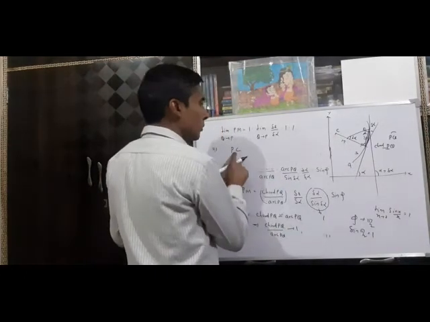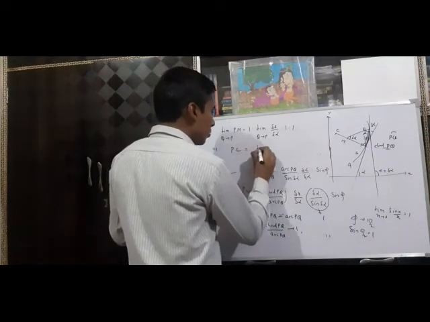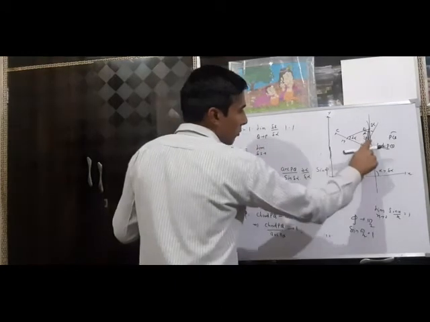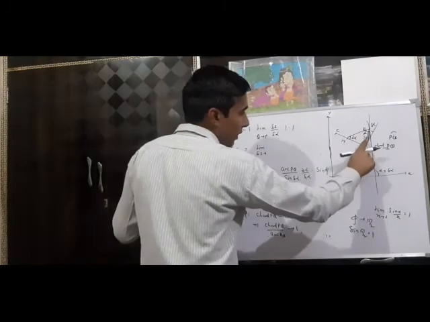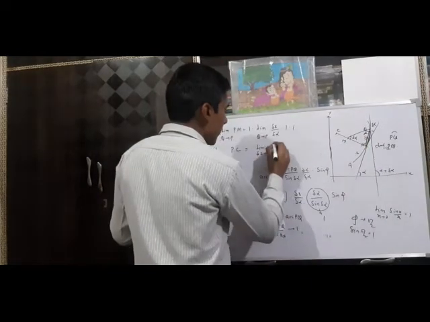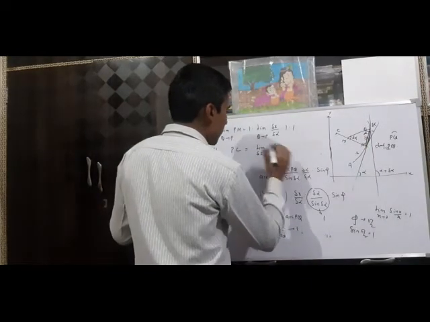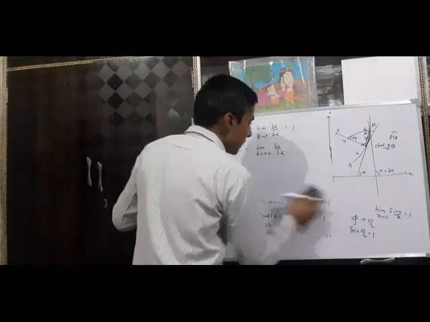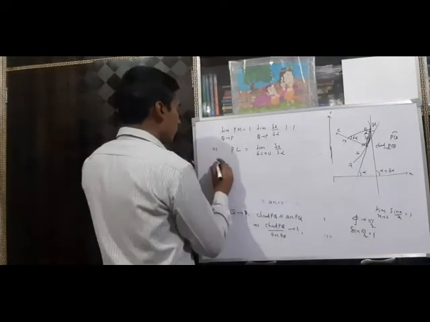So this is Pc, and this is equal to limit delta S tends to 0. Q approaches P means this arc length will approach 0, and this is delta S upon delta alpha. And as we have already defined, Pc is nothing but the radius of curvature.